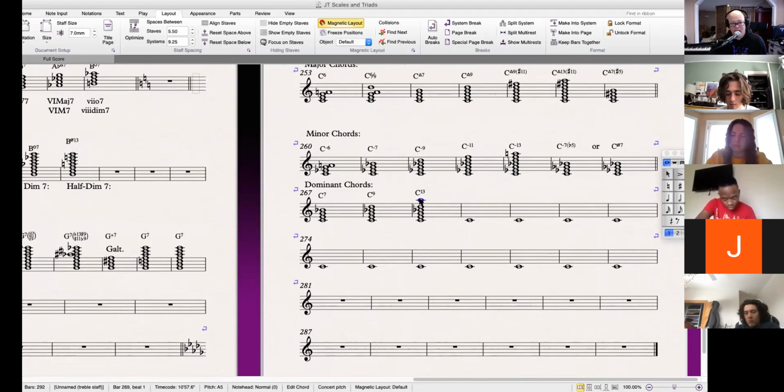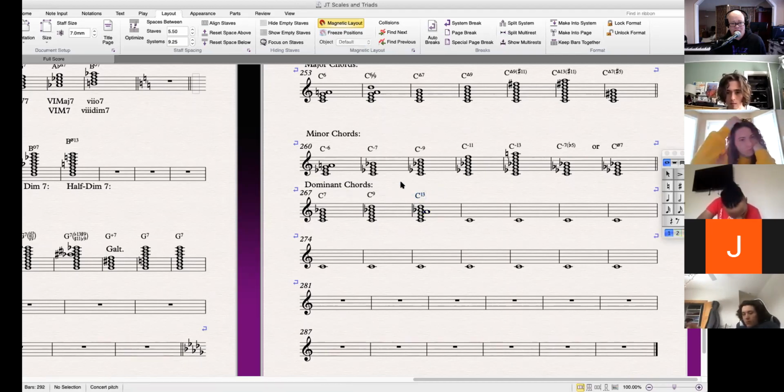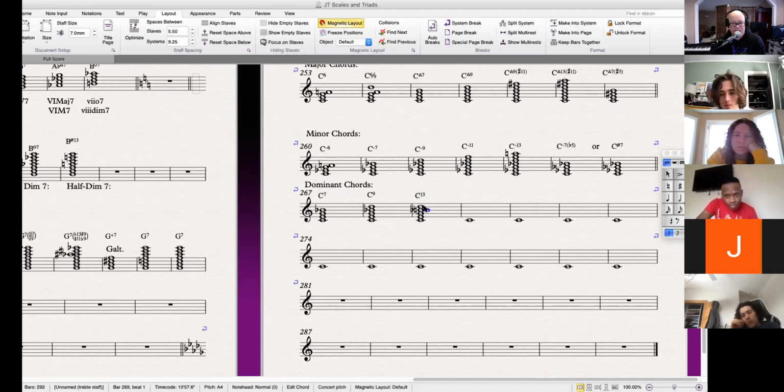If I move this A down an octave into the 6th position, I don't call it a C6 7 or C7 6 or whatever. I still call it a C13. That's because that dominant 7 quality is so important. We want to make sure it's clear when we write it that this is a dominant quality, so no qualifier before that. It's just a C, still C13. That's unique to the dominant family.